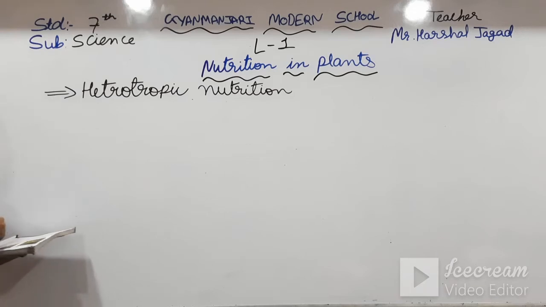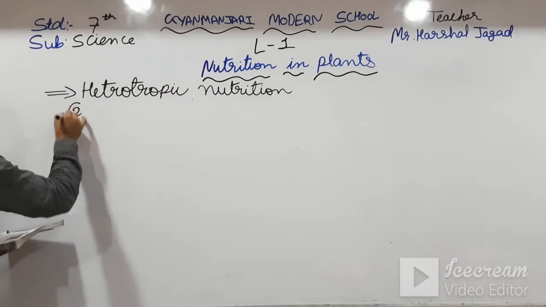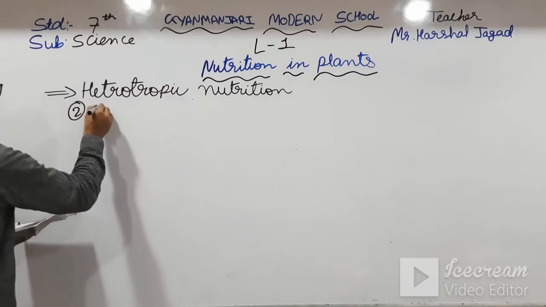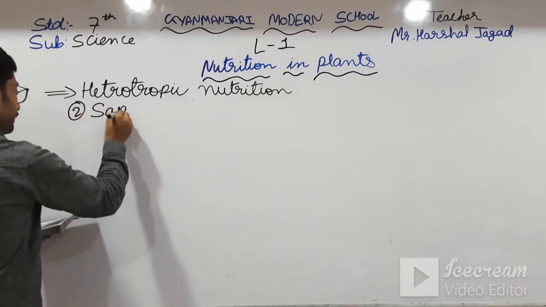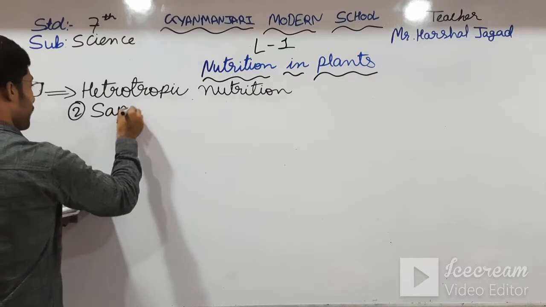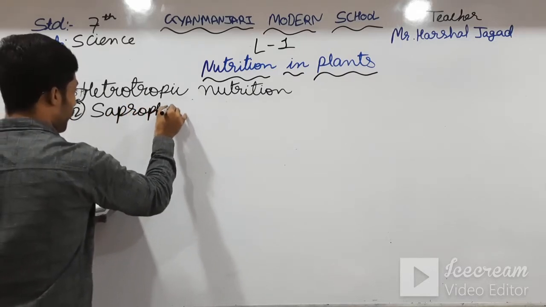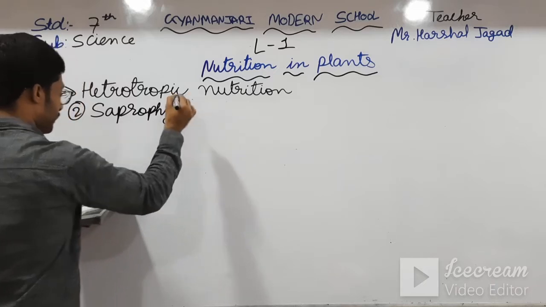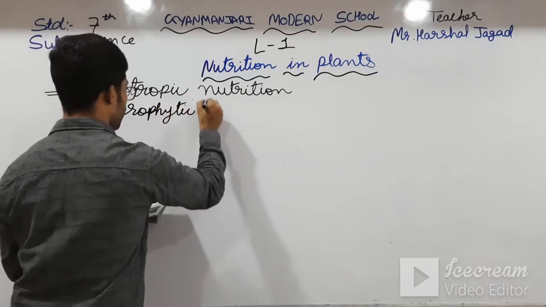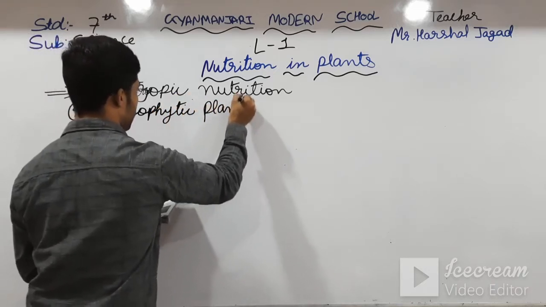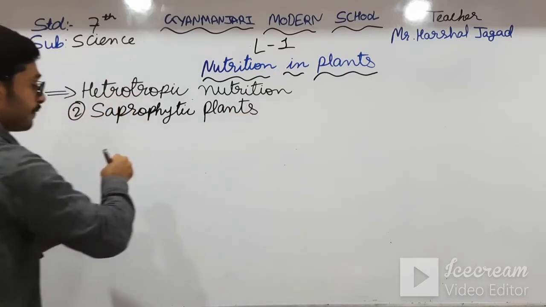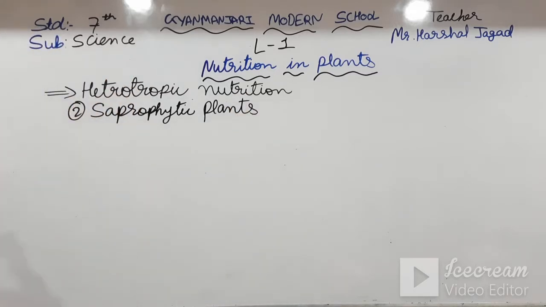See here, now we will see second type, that is saprophytic plants. So, in that what happens?